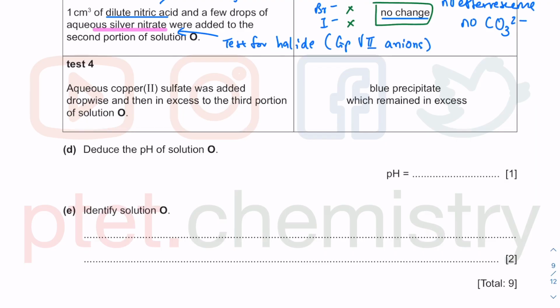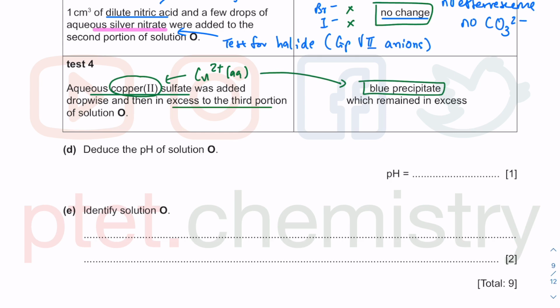Now we added in some aqueous copper 2 sulfate, and then we add in excess the third portion. This copper 2 plus is really what we test for. It contains Cu2 plus aqueous. Not too surprising, we get a blue precipitate, and this is when we add hydroxide, because this is your classic precipitation reaction.